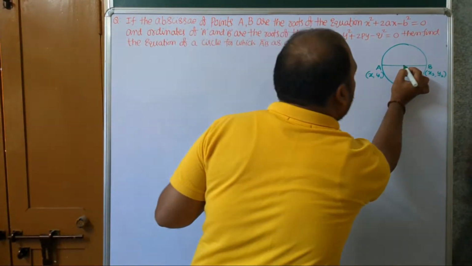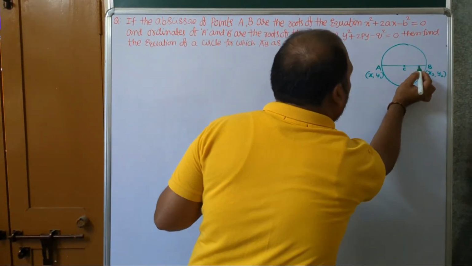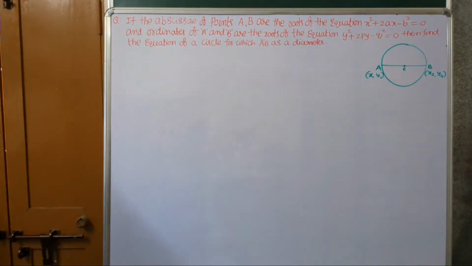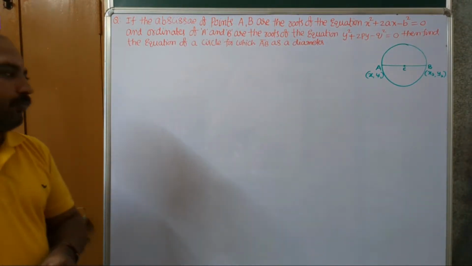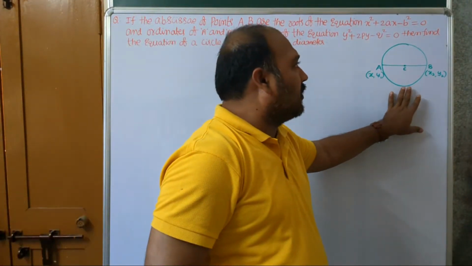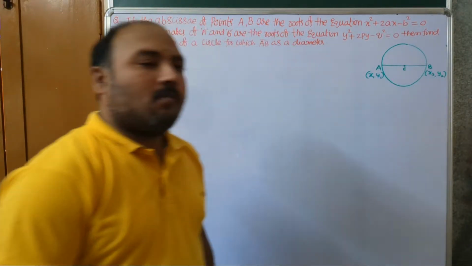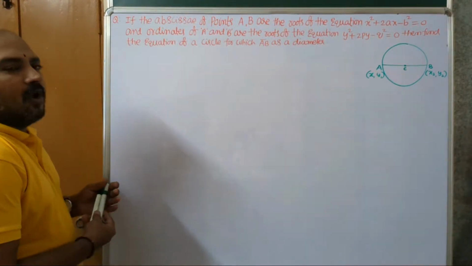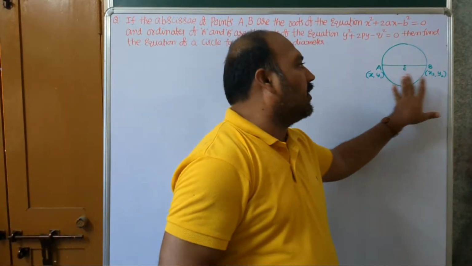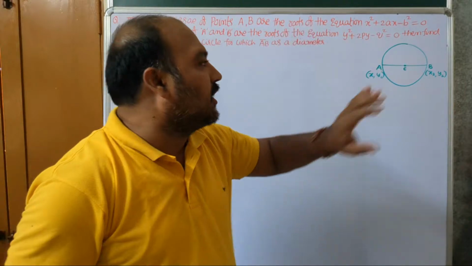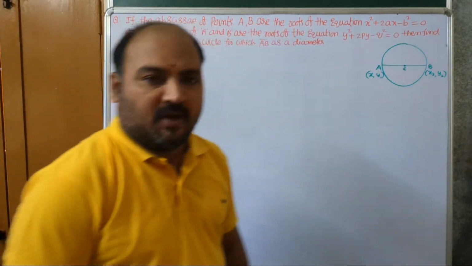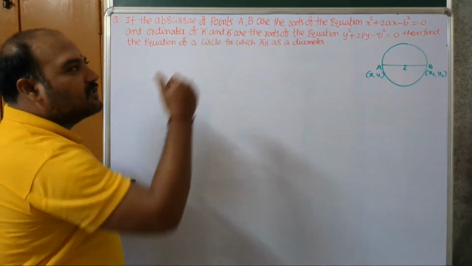And C is the center. After that, how to calculate the equation of a circle whose end points of the diameter are given. Conditions are provided.